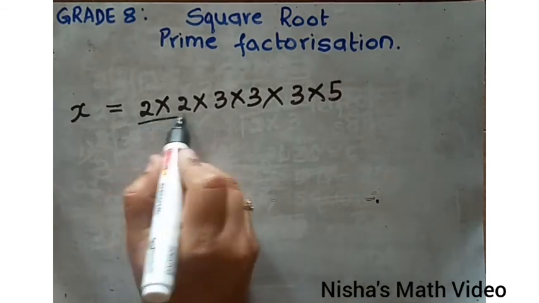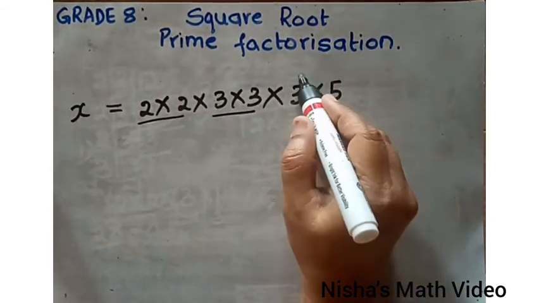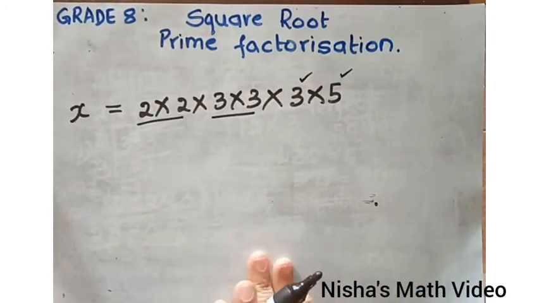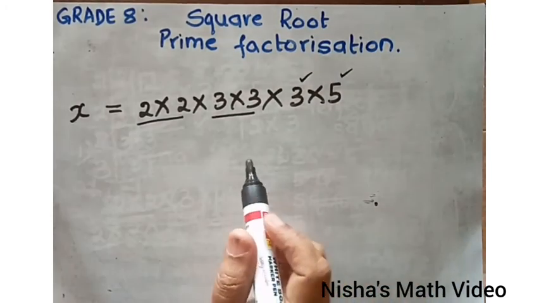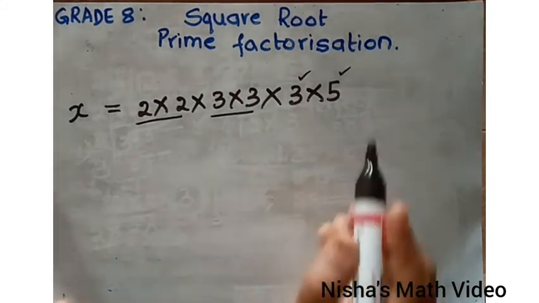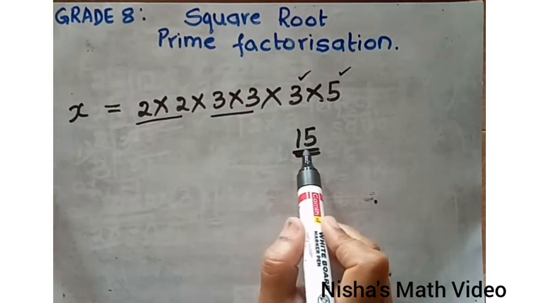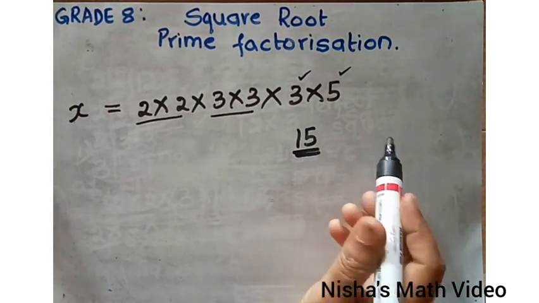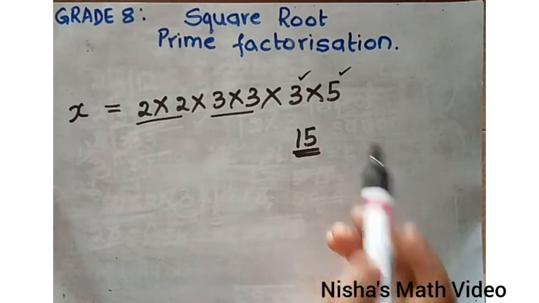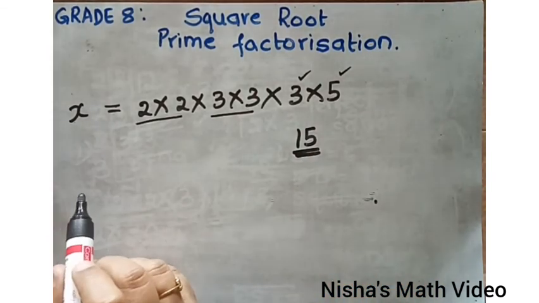Let's try to pair them. You will get one pair, two pairs. Here one 3 is extra and one 5 is extra. So the least number to be multiplied now is the product of these two. 5 threes are 15. We can say x must be multiplied by 15 to make it a perfect square, or x is to be divided by 15 to make it a perfect square.